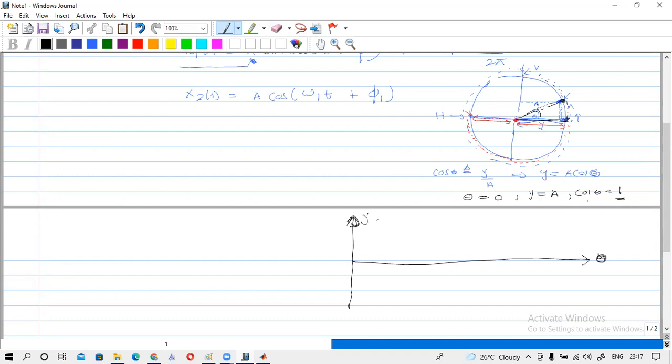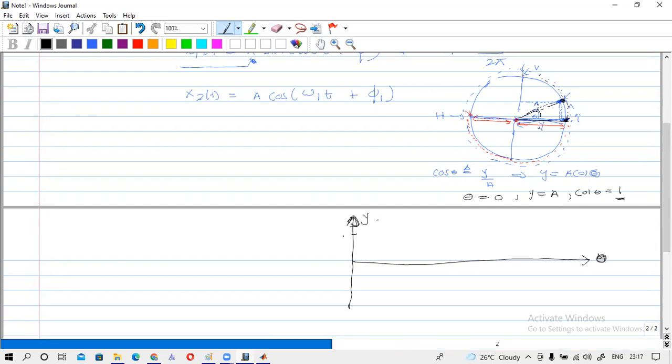No? Okay. So here, when this theta is 0, okay, this y is completely equal to a. So it begins here at a. When theta is 0, the y is equal to a.